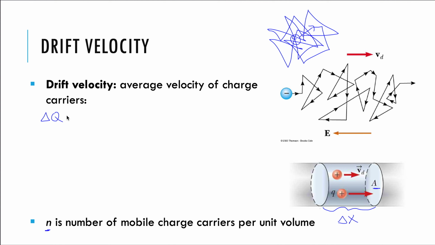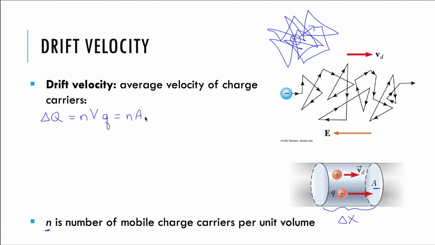All right, so the charge Q is going to be equal to the number of mobile charge carriers per unit volume times the volume, so that gives you the number of charge carriers, times the charge of the charge carrier. So that's the amount of charge. The volume, if we're considering a cylindrical cross-section here, is going to be the area times delta x.